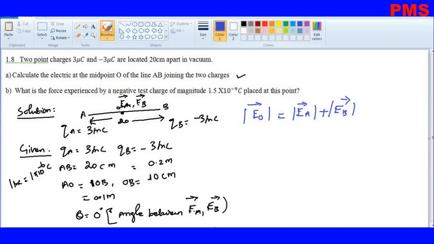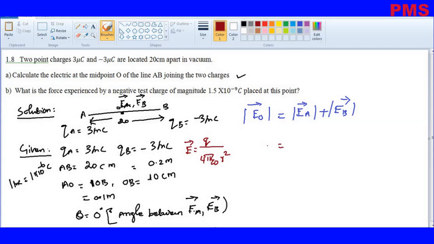The electric field equals 1 by 4 pi epsilon naught, Q divided by r square. This is the standard formula for calculating the electric field, and we can substitute it.